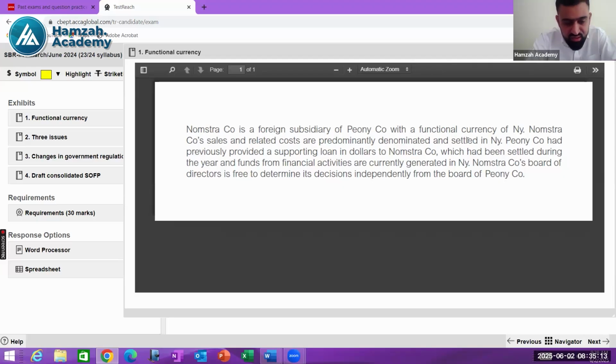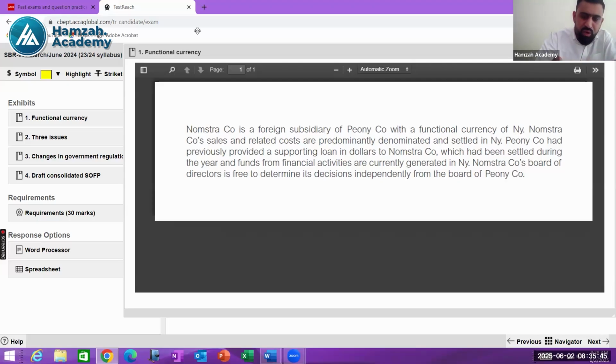PEONY company had previously provided a supporting loan in dollars to Nomestra Co, which had been settled during the year, and funds from the financing activities are currently generated in NY. Nomestra company's board of directors is free to determine its decisions independently from the board of the PEONY company.